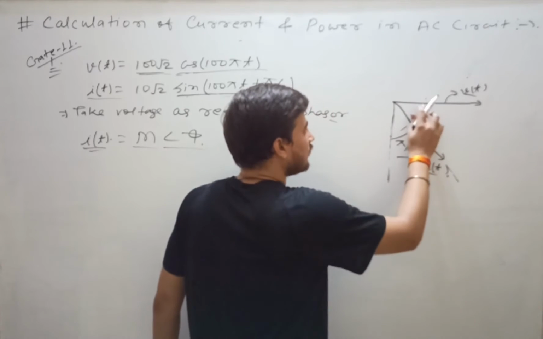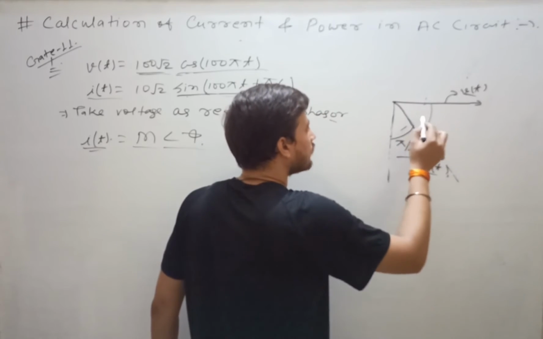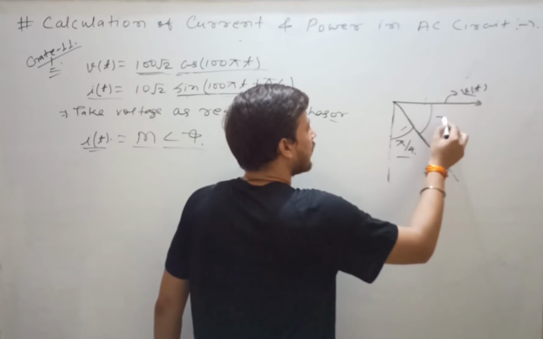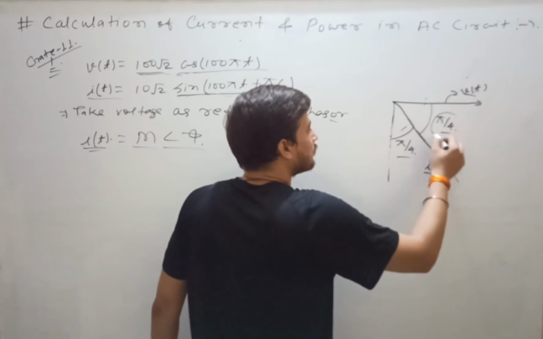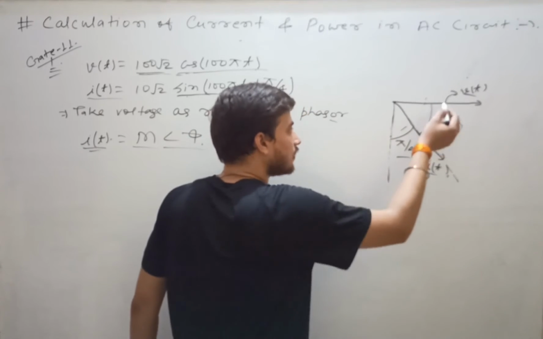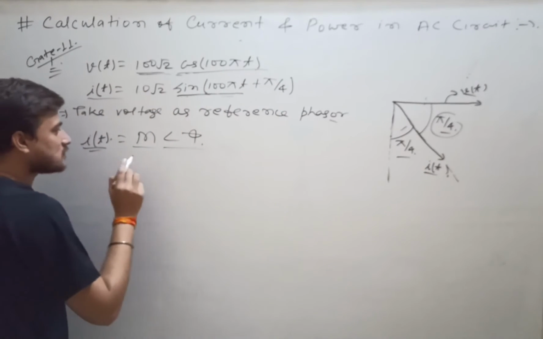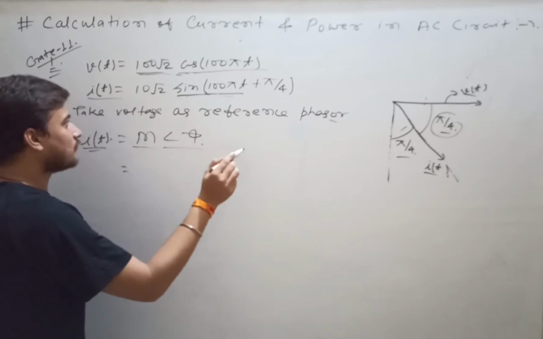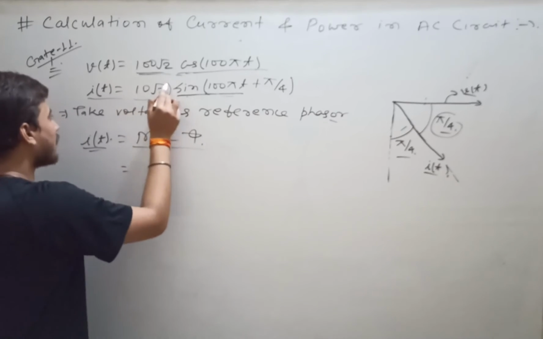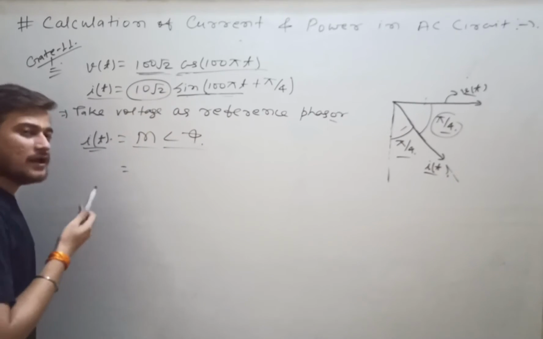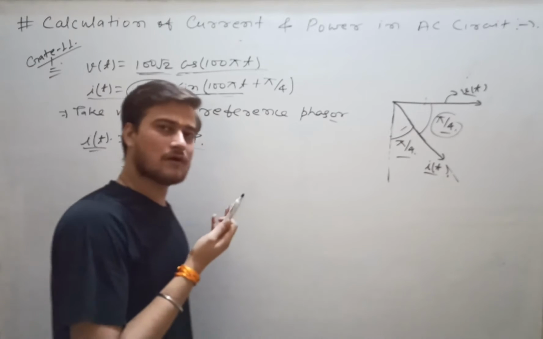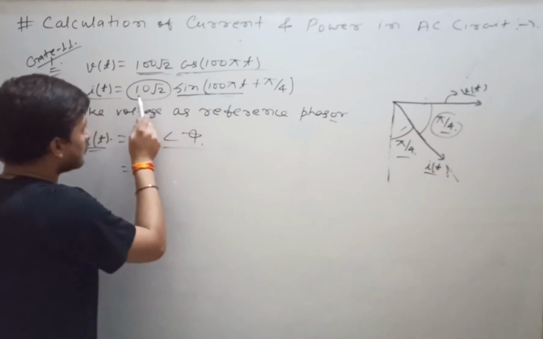So the difference of Vt and It will also be pi by 4. But pi by 4 what? Current is lagging the voltage. That means if you write magnitude at the angle phi, what will be the value of magnitude? Here you see 10 root 2.